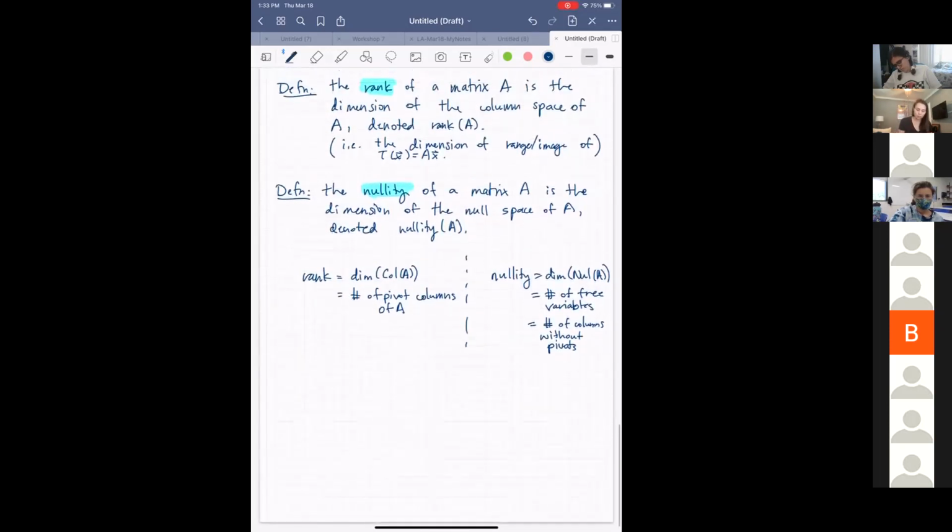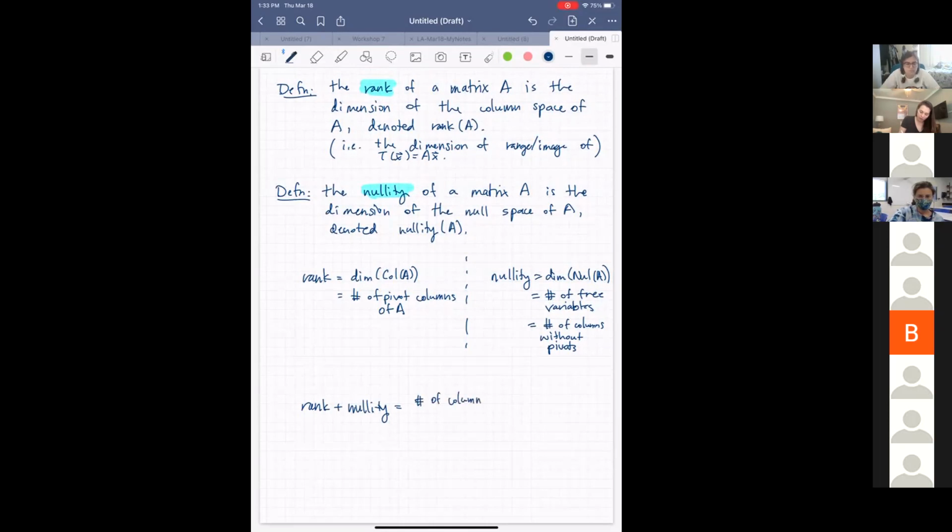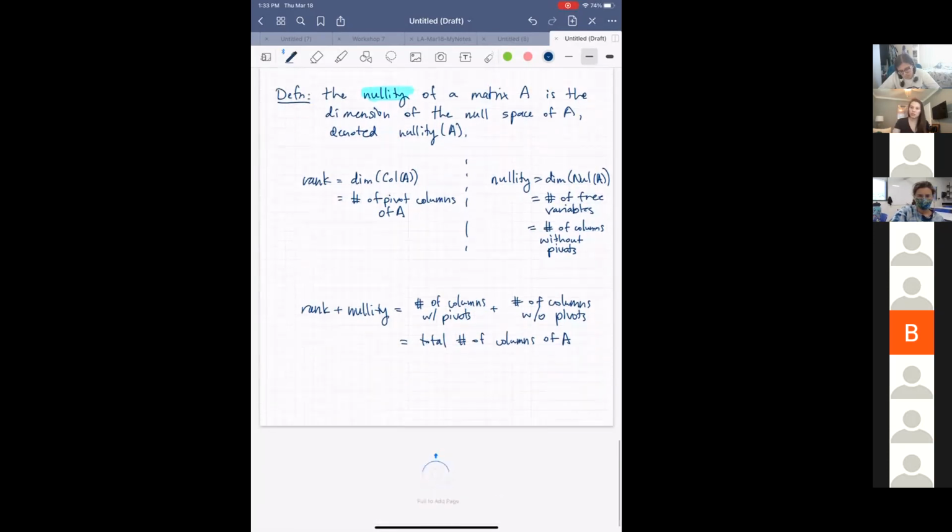So the rank plus the nullity is the number of columns with pivots plus the number of columns without pivots, which should just equal the total number of columns of A. So this is what is called the rank nullity theorem.